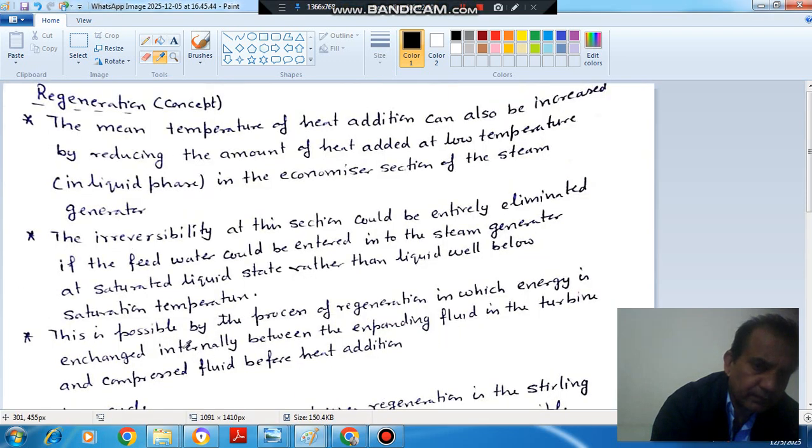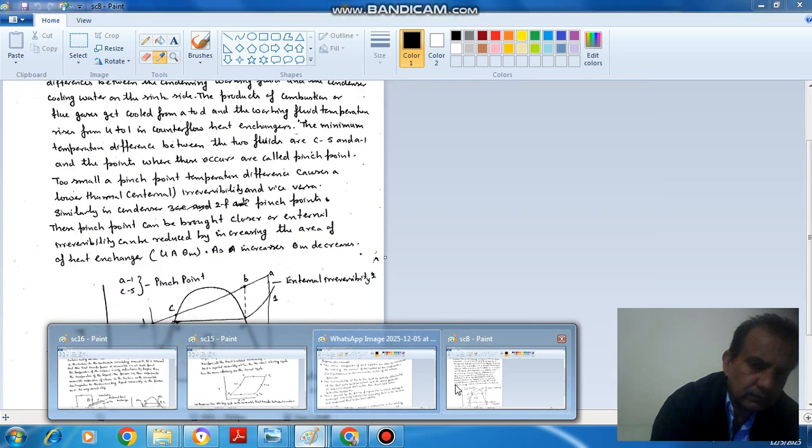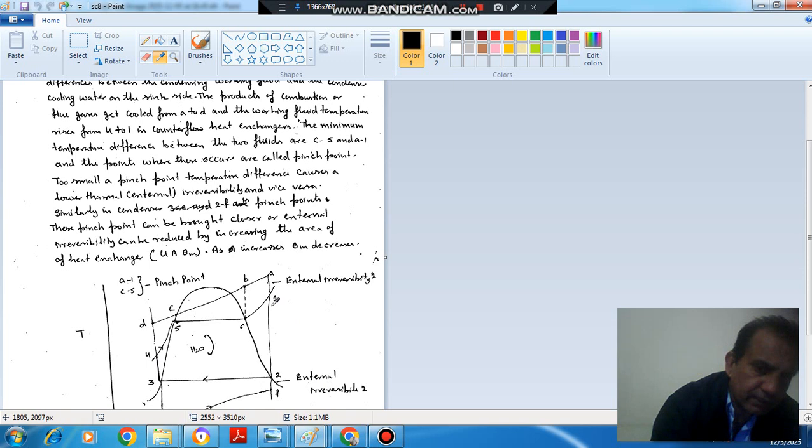The next point is, this is possible by the process of regeneration, in which energy is exchanged internally between the expanding fluid in the turbine and the compressed fluid before heat addition. If we are able to exchange this heat from steam to this water, then they are almost at the same temperature. So then this irreversibility can be reduced.